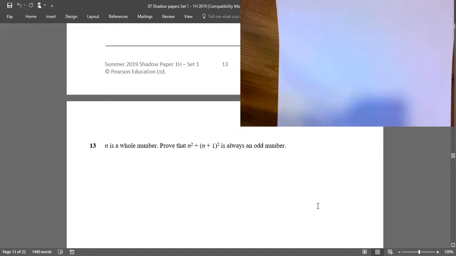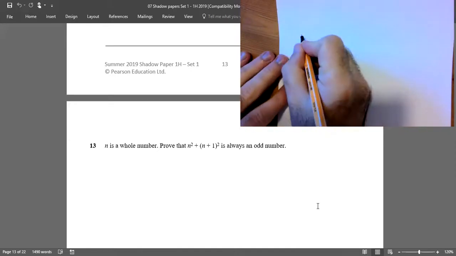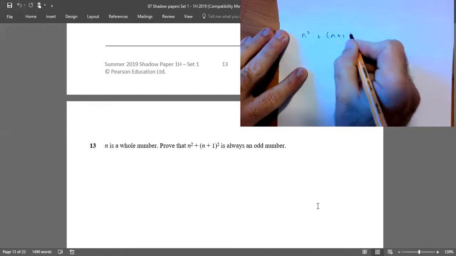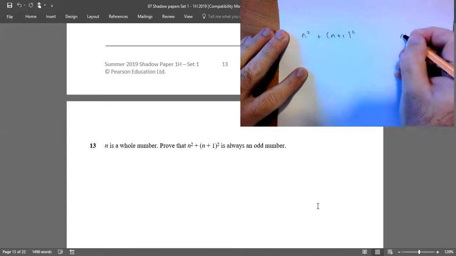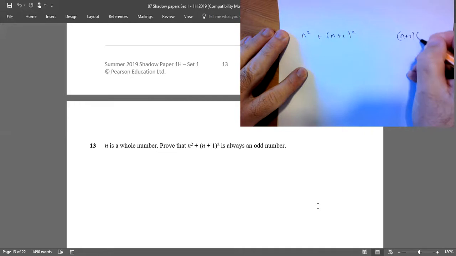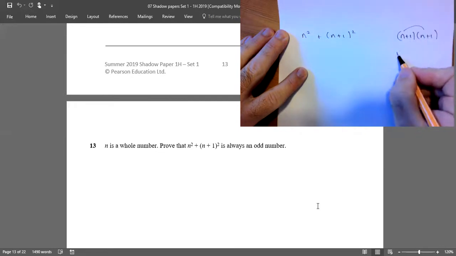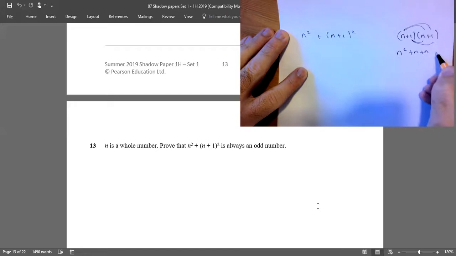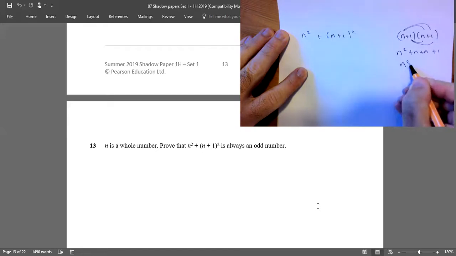Okay, so 13, n is a whole number. Prove that n squared plus n plus 1 squared is always an odd number. So we've got our n squared, and then we've got our n plus 1 all squared. So n plus 1 multiplied by n plus 1 gives me n squared plus n plus n plus 1, which is n squared plus 2n plus 1.